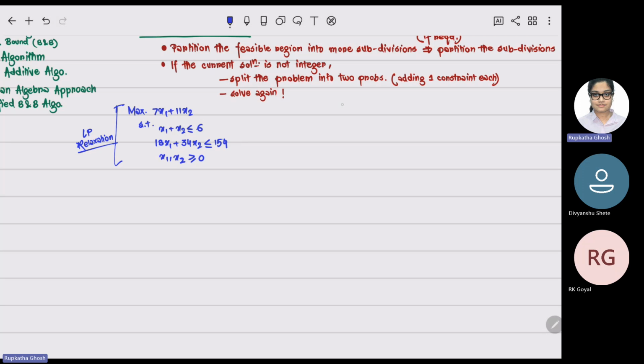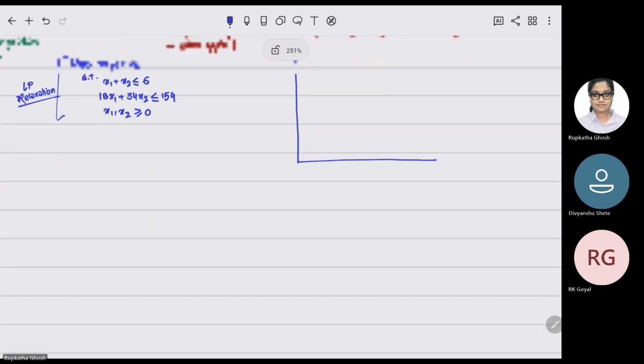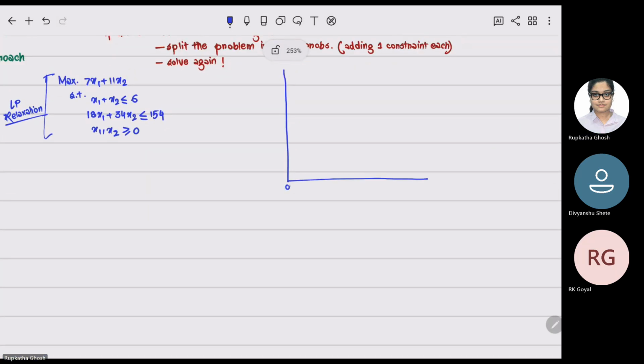So if I have to draw a graph, I go by the graphical method. Here you will have one constraint. For this one, how much is your x1 value if x2 is 0?